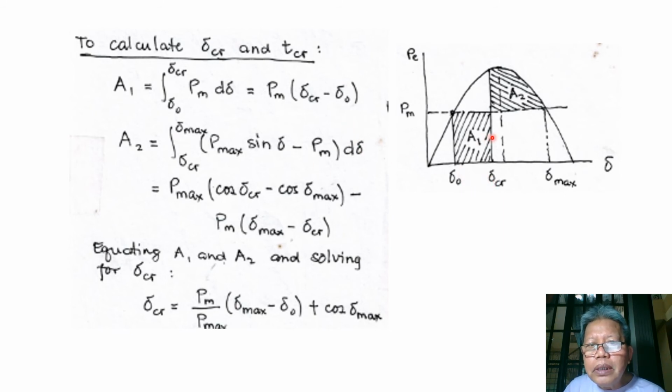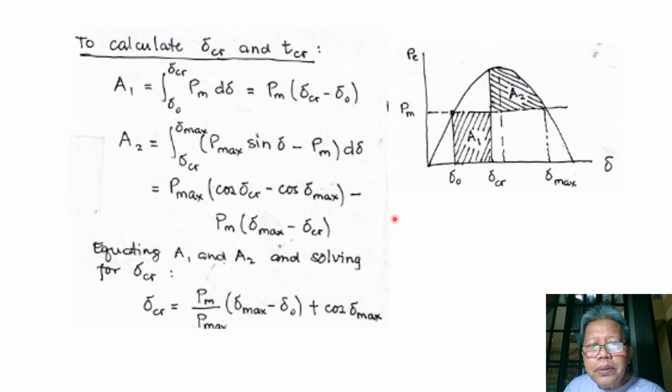Now for the second area A2, we need to integrate from delta CR to delta max. The upper curve here is our PE, which is equal to P max sine delta, minus the curve bounding at the bottom, which is just PM, and then integrate this with respect to delta, d delta.